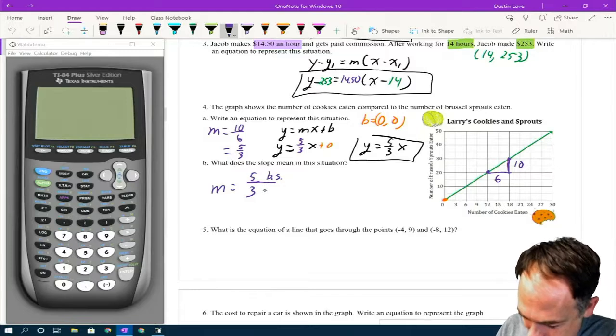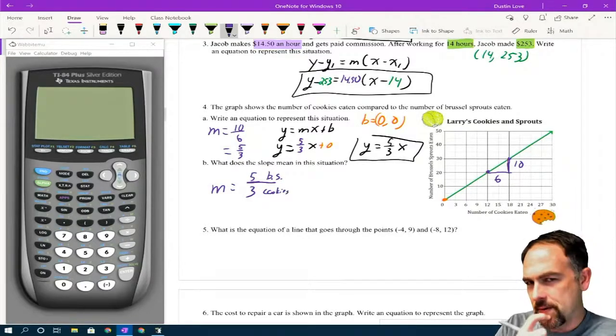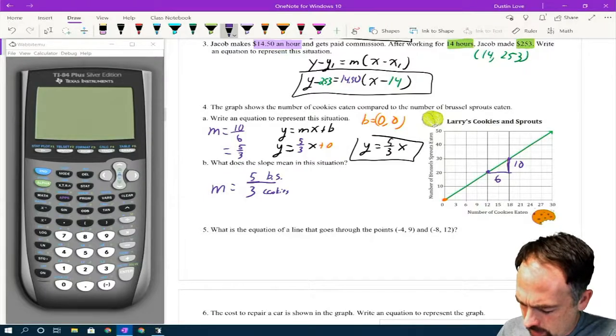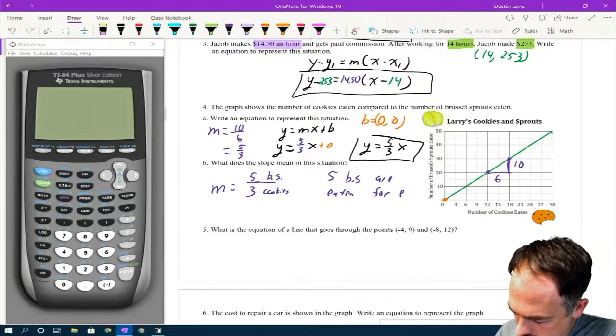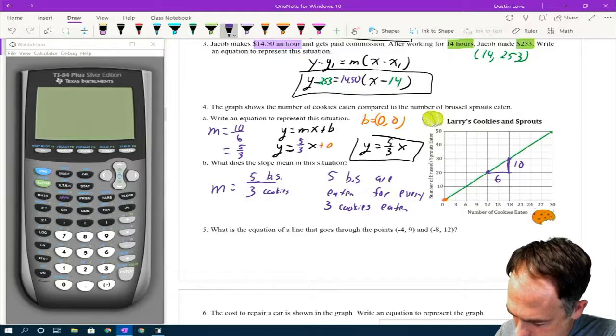And then 3 cookies. So our interpretation here would be that 5 Brussels sprouts are eaten for every 3 cookies eaten.